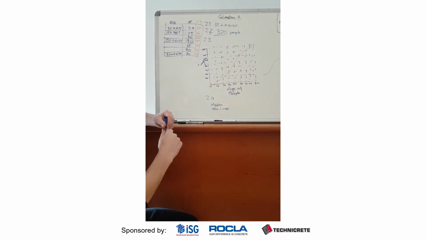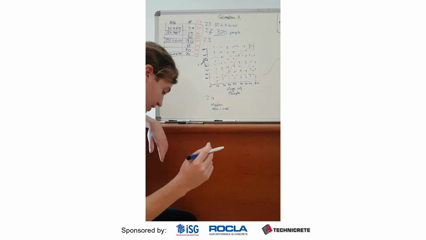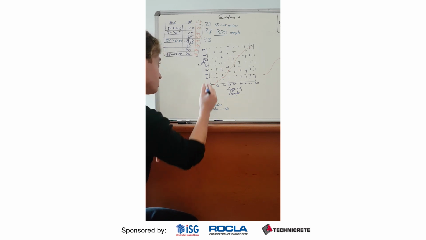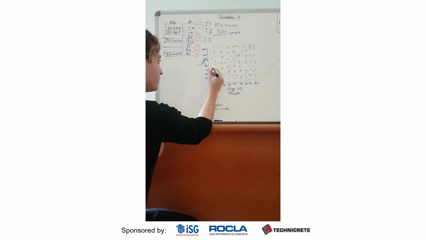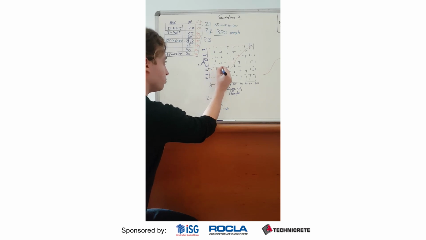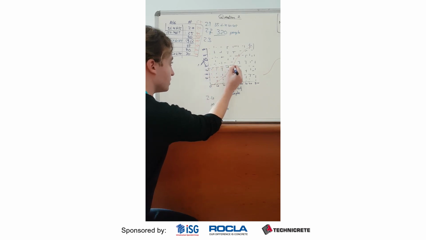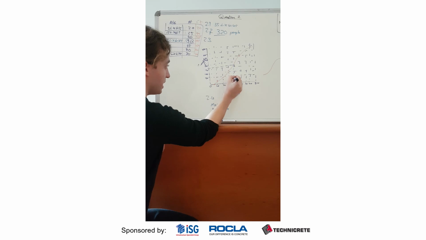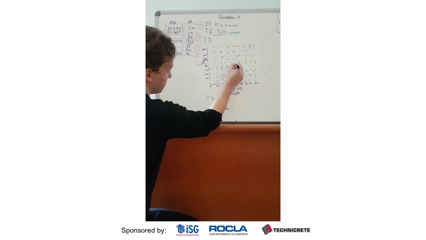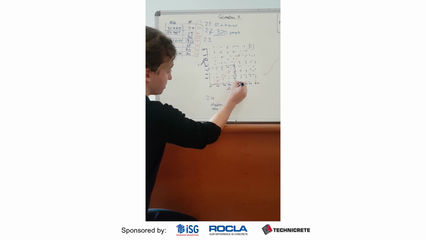Half of 320 should be 160, so that should be around about there. If we draw ourselves a line, once we hit the curve, we go down. I didn't draw this perfectly, it's supposed to be a little bit more on this side, because the answer we are supposed to get here is 41 years old.